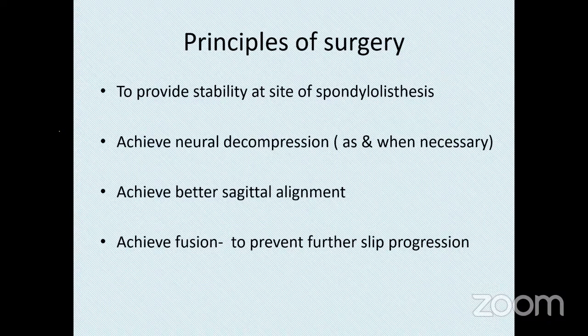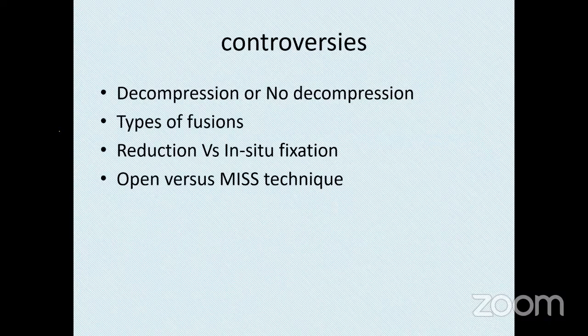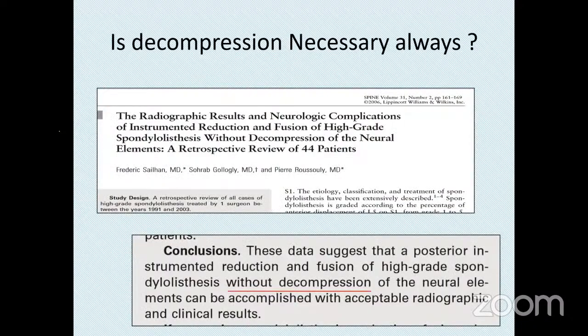Now, there are many controversies: whether to decompress or not, what are the types of fusion, whether we should reduce or not, and whether to do open or minimally invasive. We'll see these one by one. So is decompression necessary? By achieving a normal alignment, even if we put a cage and jack up the space, there is no need for direct decompression.